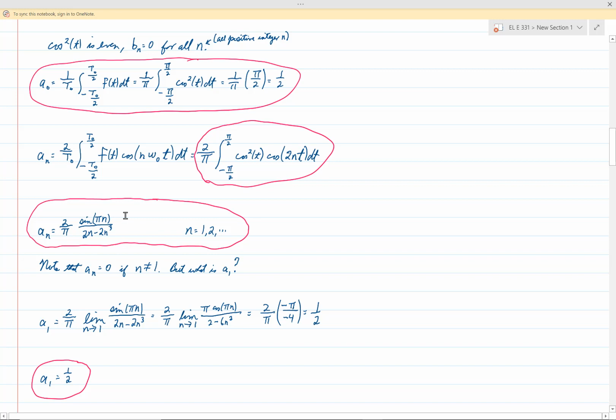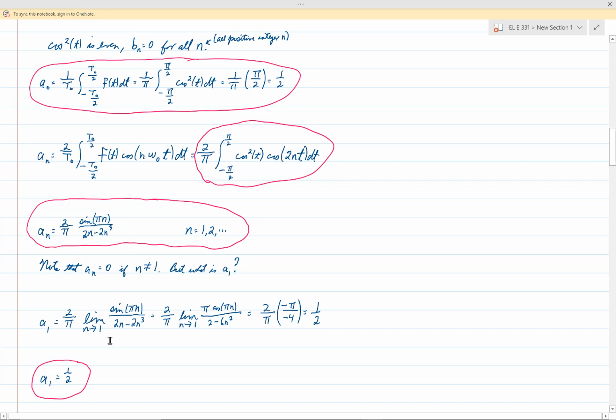And as you might remember from your calculus course, what we do in a case like that is to use L'Hopital's rule. And so let's do that in this case as well. So we have the 2 over pi right here, and instead of evaluating this at n equals 1, which would give us 0 over 0, we'll take the limit as n goes to 1, and we take the derivative in the top with respect to n.